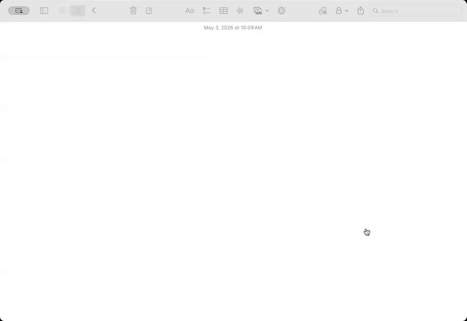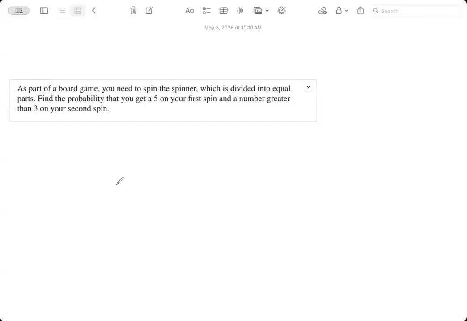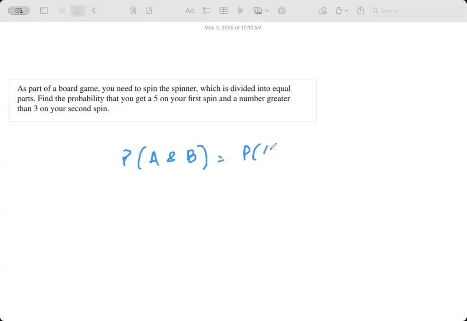Okay, how about this? You're going to find out whether they are independent or dependent events. You all know independent and dependent events, meaning for independent events, P of A and B will be equal to P of A times P of B, when two events are independent.